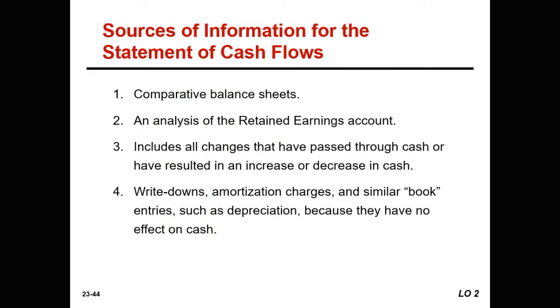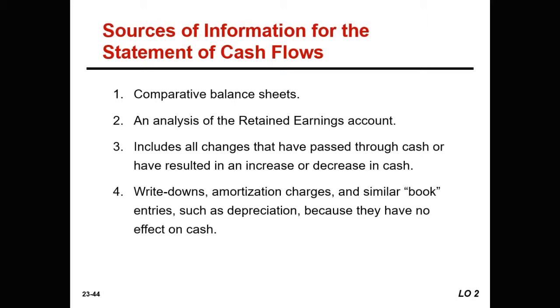The sources of information for the statement of cash flows can be found on the comparative balance sheet, looking at the retained earnings account, and includes all changes that have passed through cash or have resulted in an increase or a decrease in cash. Write-downs, amortizations, and book entries such as depreciation have no effect on cash.